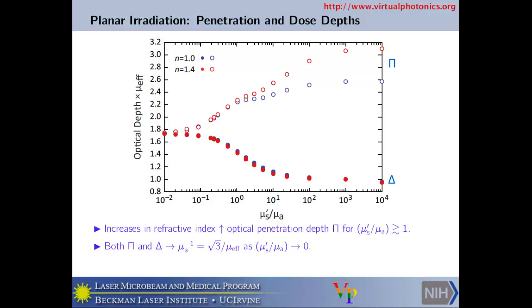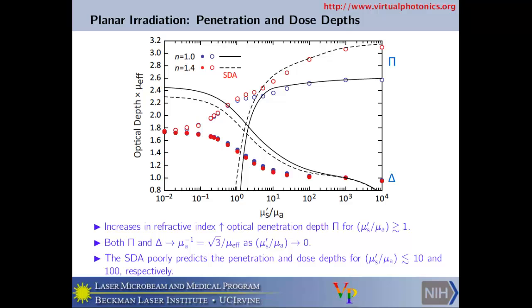So now let's look at how standard diffusion does for predicting these things. The good news is that standard diffusion actually does fairly well in understanding the depth of penetration of light dose on a local perspective. If you look at ratios of scattering to absorption of, say, 10 to 100, it starts to be good.